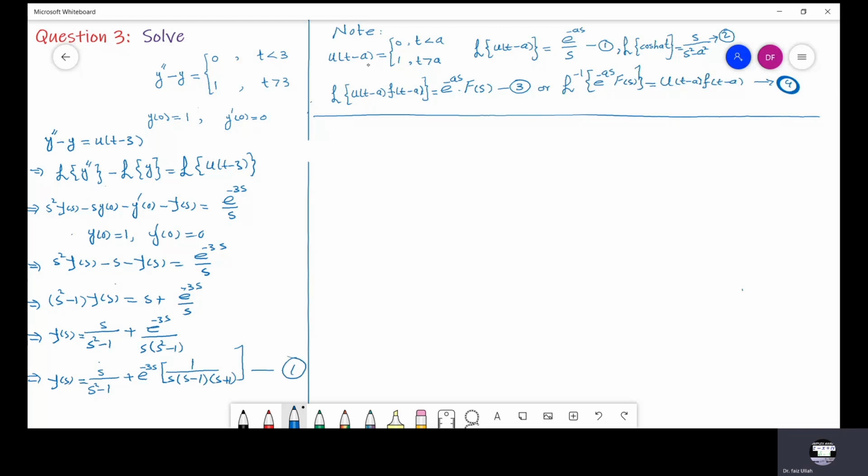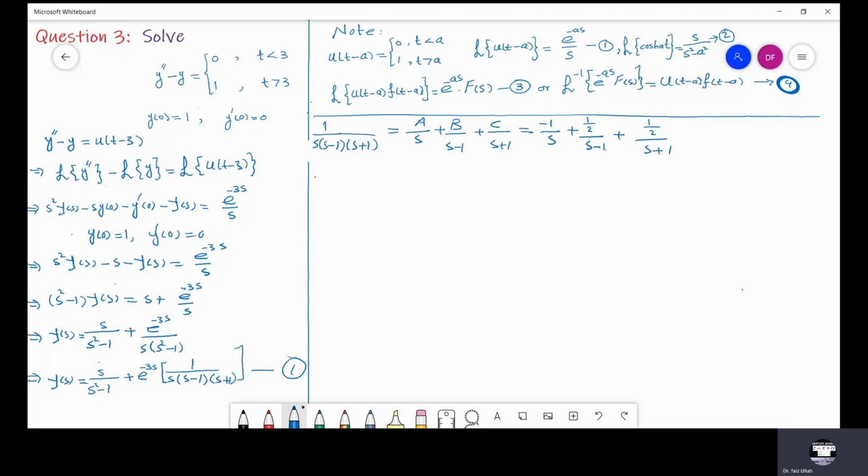Now we use partial fraction here. So we write 1 over s into s minus 1 into s plus 1 equal to a divided by s plus b divided by s minus 1 plus c divided by s plus 1. But in question number 2, we have obtained that the value of a is minus 1 over s, the value of b is 1 over 2 over s minus 1, the value of c is 1 over 2 over s plus 1.